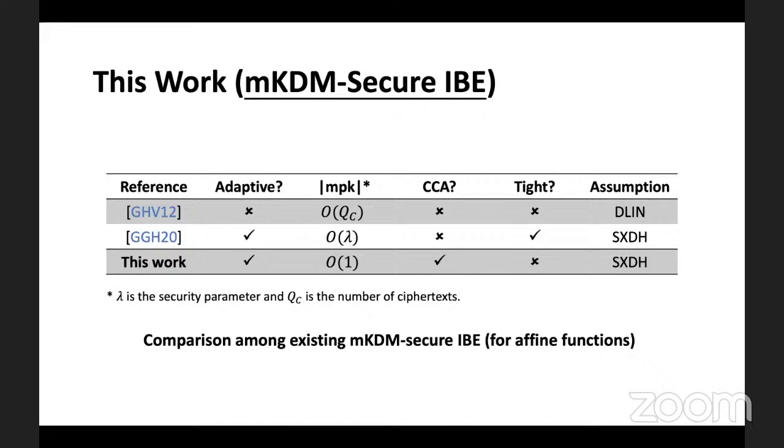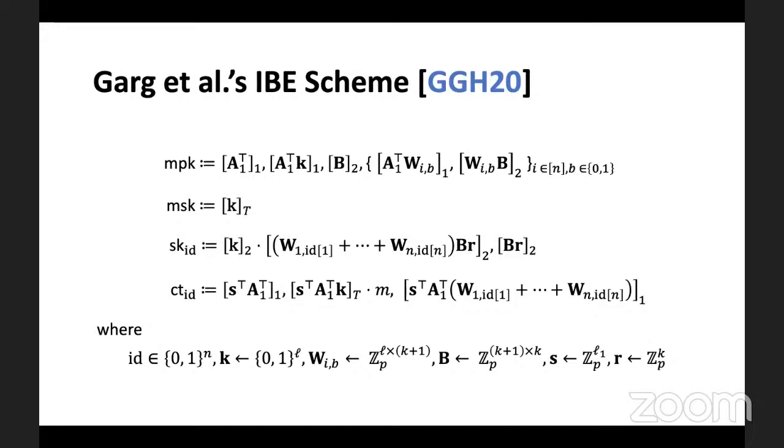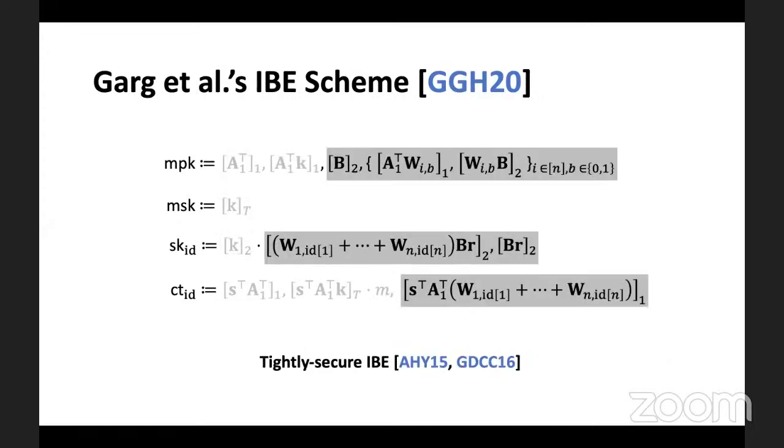As a starting point, we first revisit the GGH20 scheme, and next I will show the main idea behind our proof. So both our scheme and the GGH scheme use three bases simulating three subgroups in composite order groups. And here is the GGH20 scheme. They show a clever combination of KDM secure PKE and tight secure IBE.